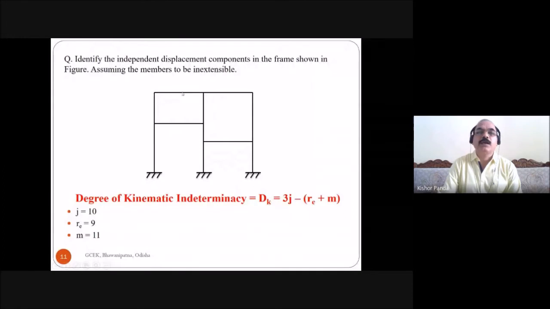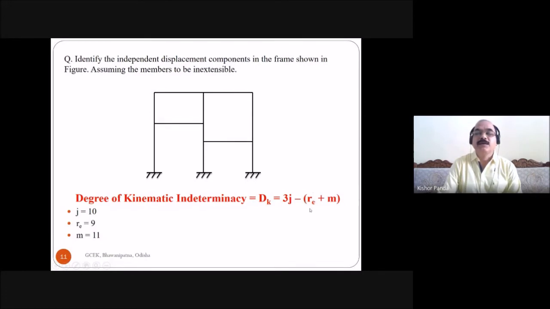If an internal hinge is present, then you will go for the other equation. If there is no internal hinge, and the members are inextensible, you will put this formula. If the members are extensible, then DK is equal to 3J minus R. Simply take 3J minus R.